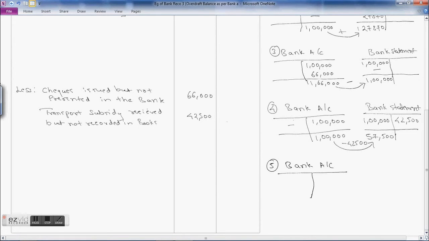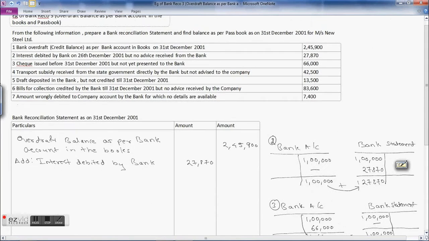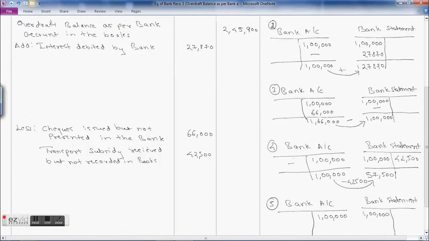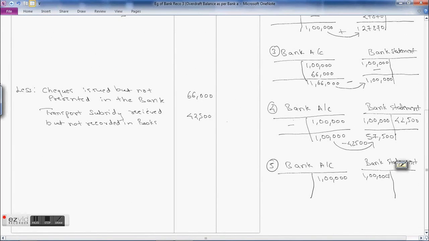Bank account, bank statement. Okay, 1 lakh. So what is the amount? 13,500. It has been deposited in the bank. So the bank account has to be debited to parties account, correct?